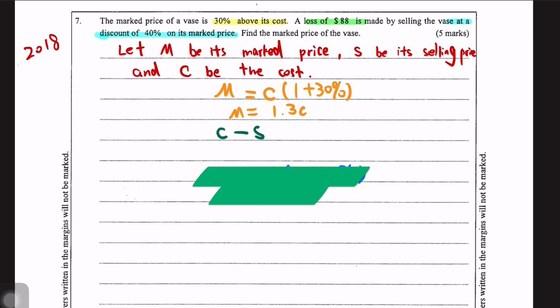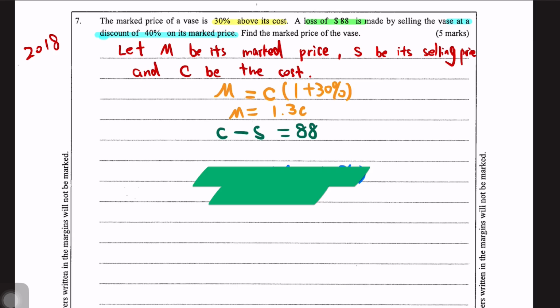Okay, so the first equation, we simplify it first, and then we write the second one. The cost now is larger than the selling price, so we have the loss here, okay? So if you write S minus C, selling price minus the cost, it should equal -88. Or you write it in the way of cost minus the selling price.